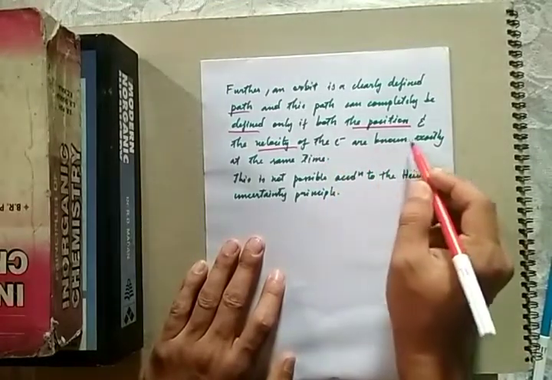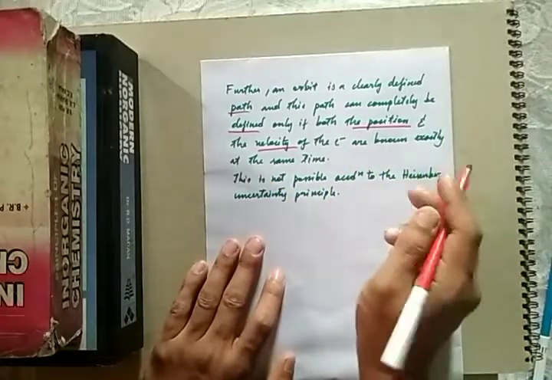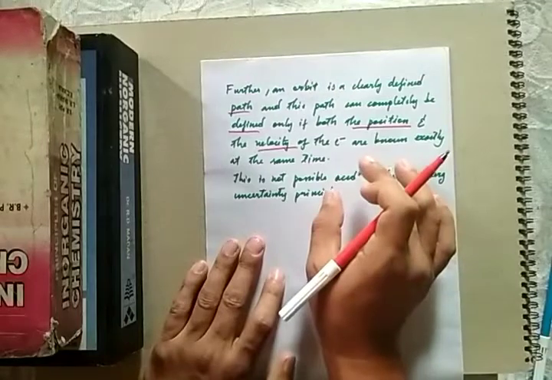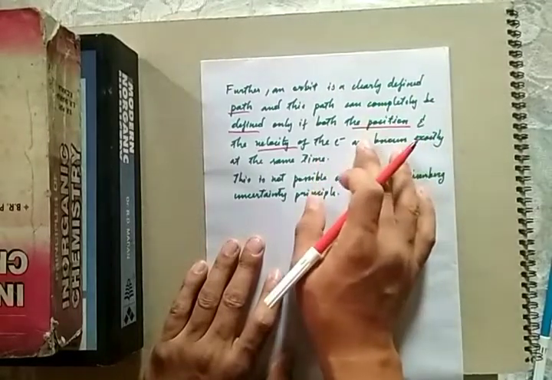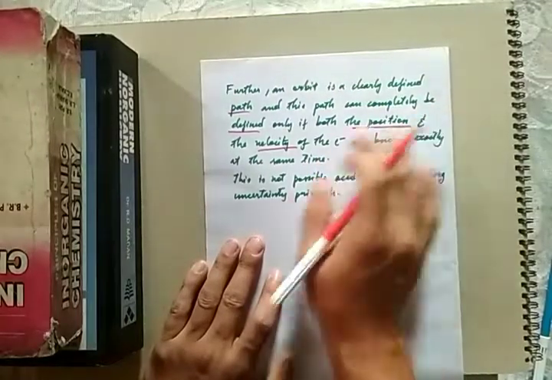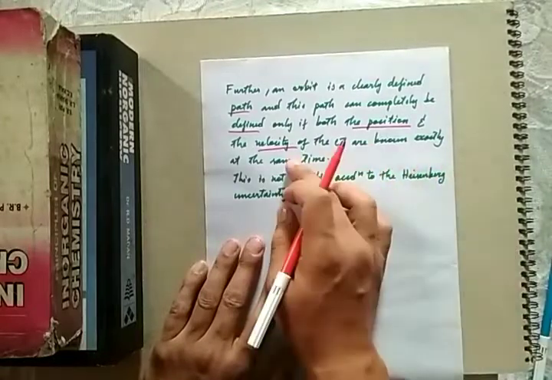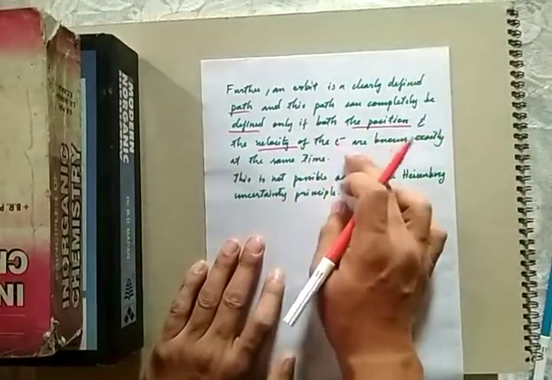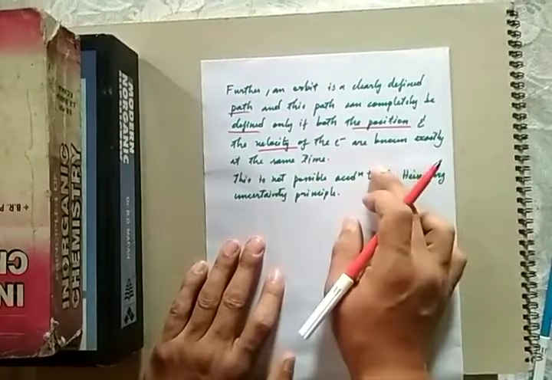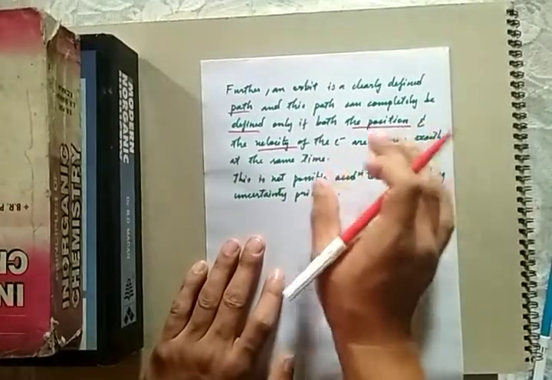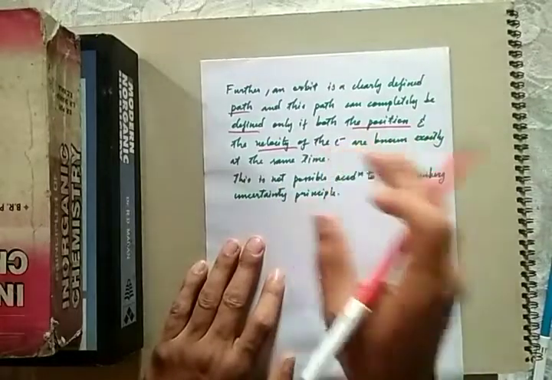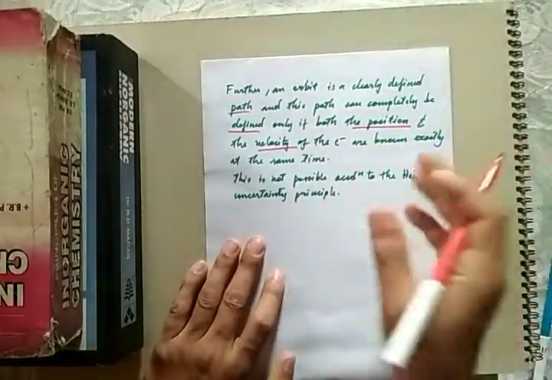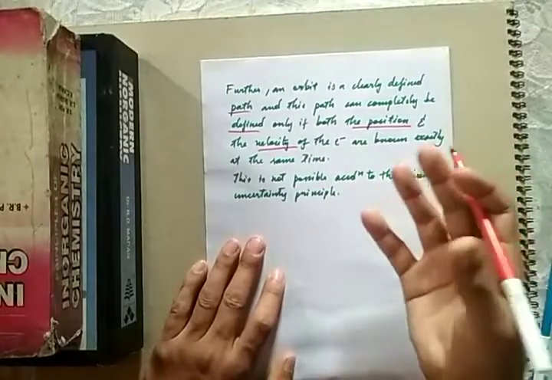The position and velocity of the electron must be known exactly at the same time. So if this orbit has a well-defined path, this path can be completely defined only if both the position and velocity of the electron are known at the same time. However, it is not so.